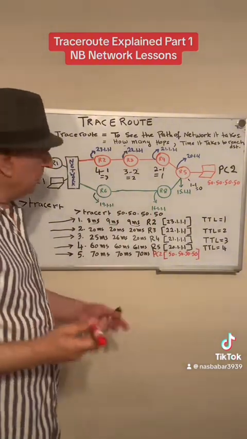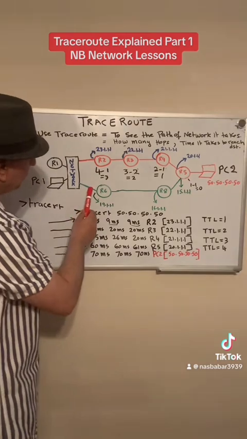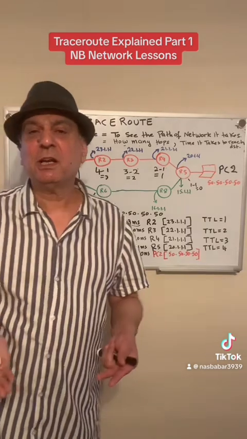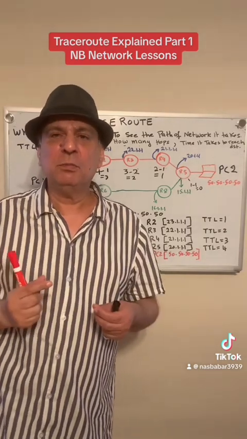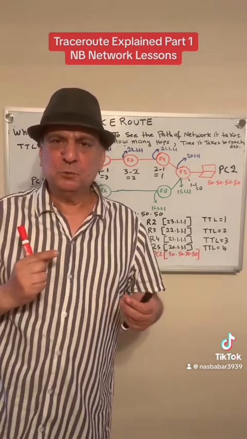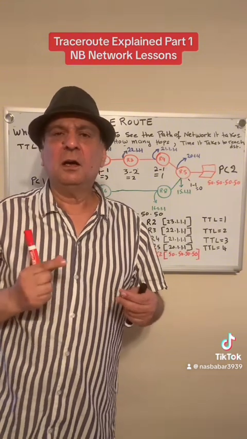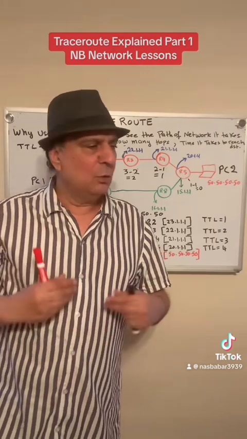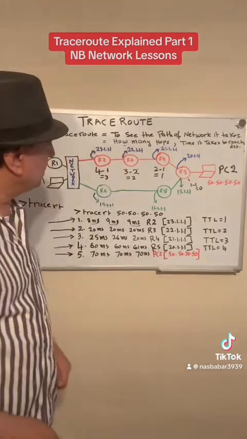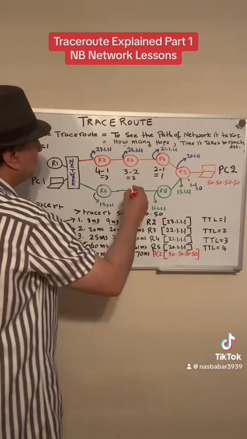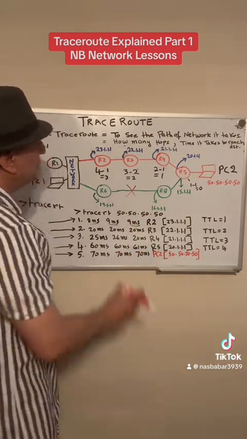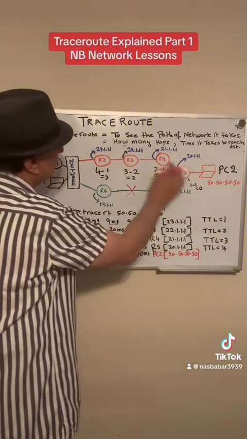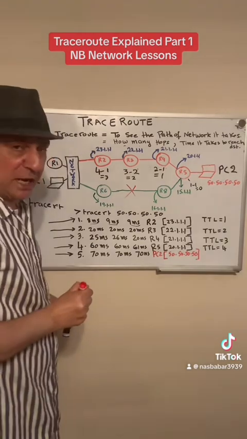Obviously, when you look at it, the green path might be quicker because it has fewer hops, and that's what dynamic routing does. Dynamic routing will consider how many hops, whether the path is congested or not, latency, and so forth. Well, for the sake of discussion, let's say this path is broken. Something's wrong with this path, and our packets are taking the path in red. So we will dive into that.